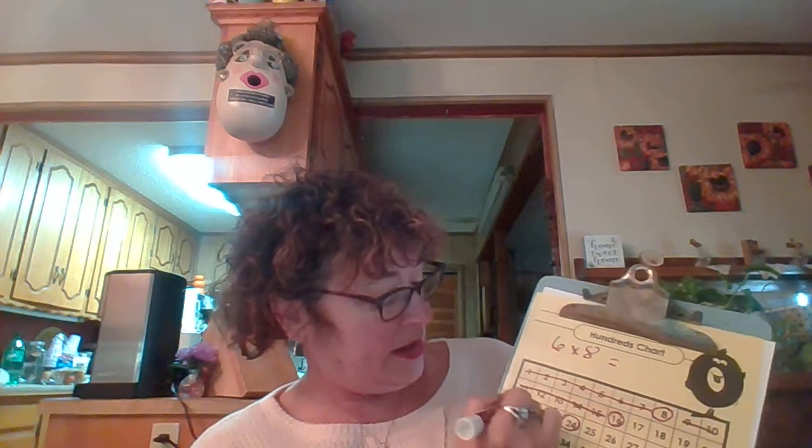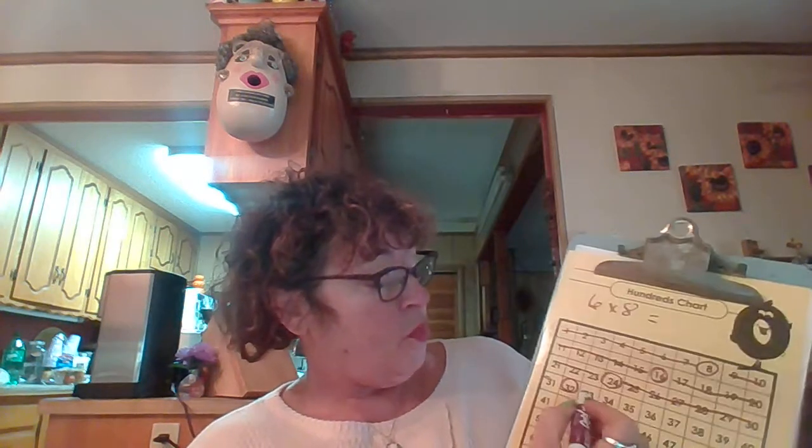1, 2, 3, 4, 5, 6, 7, 8. 1, 2, 3, 4, 5, 6, 7, 8. There's another group. Now, how many do I have? 1, 2, 3, 4. Oh, I still need two groups. 1, 2, 3, 4, 5, 6, 7, 8.